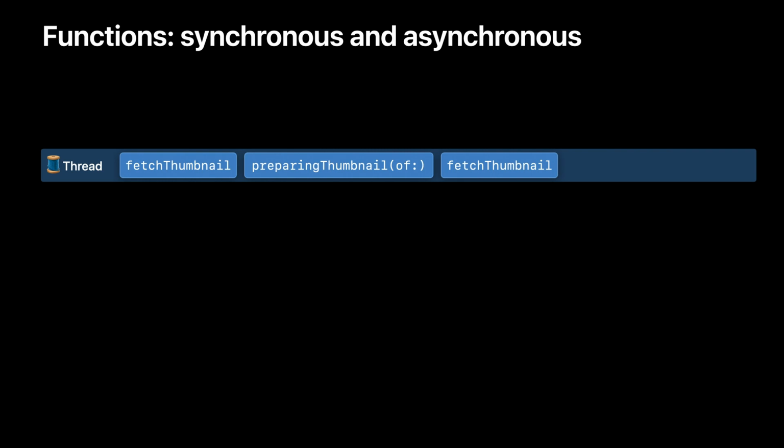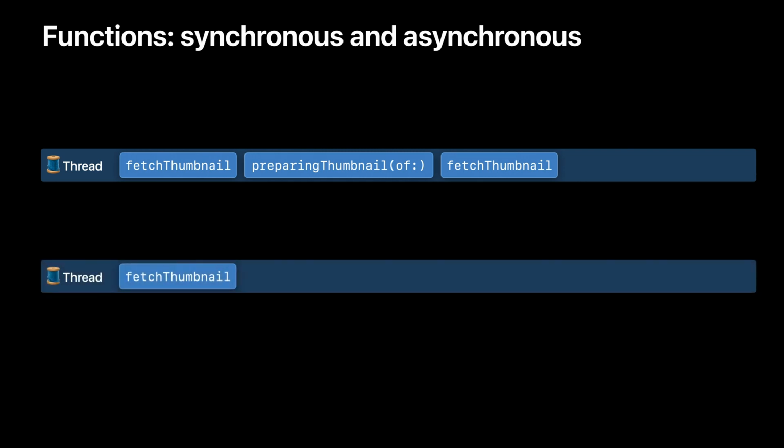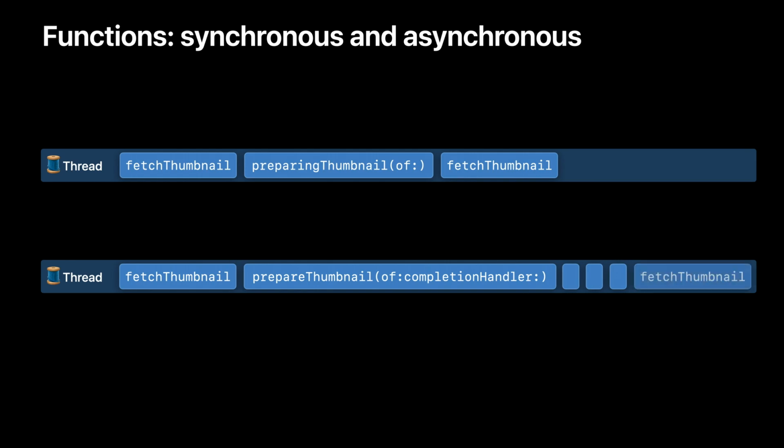So if your fetchThumbnail function calls preparingThumbnail, the synchronous function UIKit provides, until it finishes, your thread can't do anything else. In contrast, if you call prepareThumbnail of completionHandler, the asynchronous version of that function, while it runs, your thread is free to do other work. When it's done, it will notify you by calling its completionHandler.